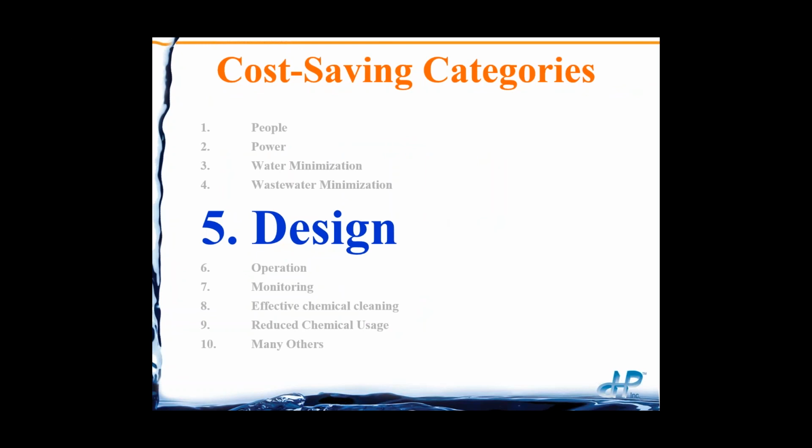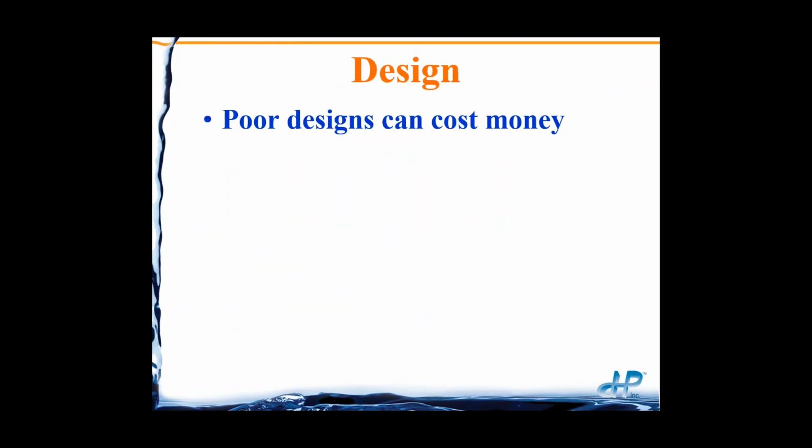Occasionally your cost savings or your costly problem may be due to design. Poor design certainly can cost money, and since we're talking about RO water treatment, having an inadequate RO pretreatment, especially for fouling, particulate fouling control.